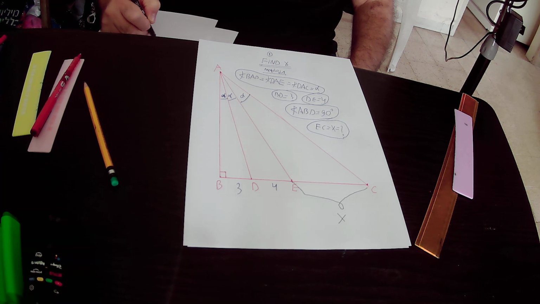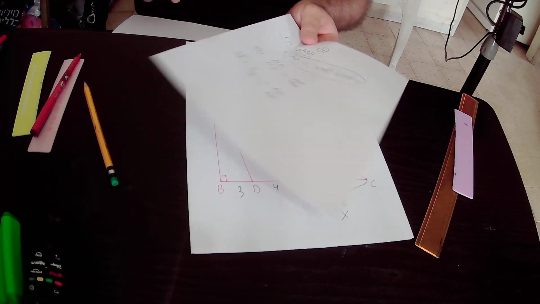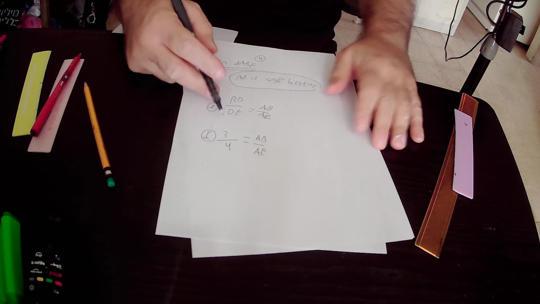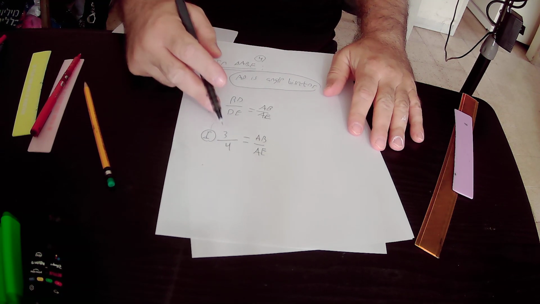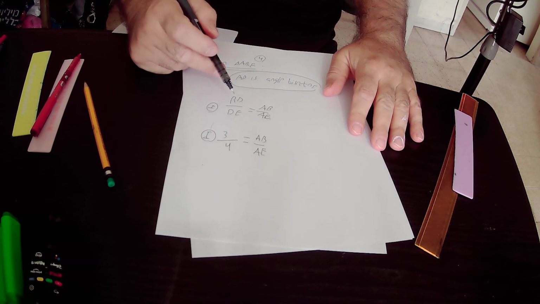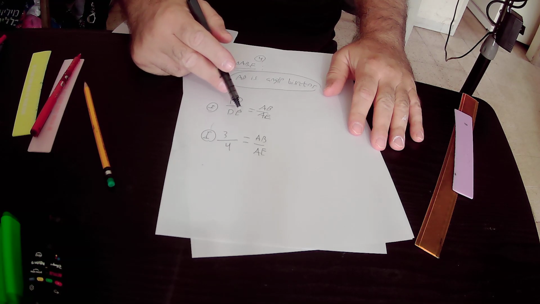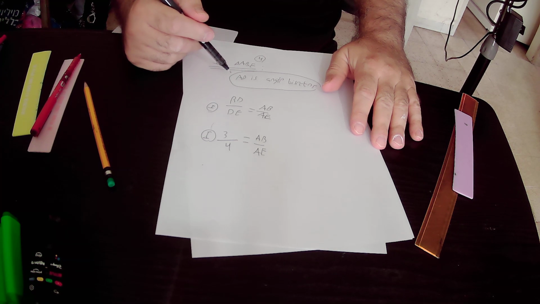It equals to AB over AE. Here we know that BD equals 3 units, DE equals 4 units, and it equals AB over AE according to the angle bisector theorem.